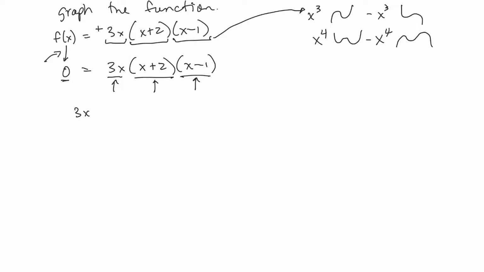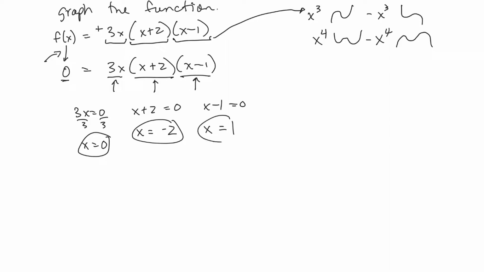So either 3x is 0, x plus 2 is 0, or x minus 1 is 0. In the first case, dividing by 3, you get 0. Next case, subtract 2. And next case, you would add 1. So these are my three zeros, or x-intercepts, of that function.